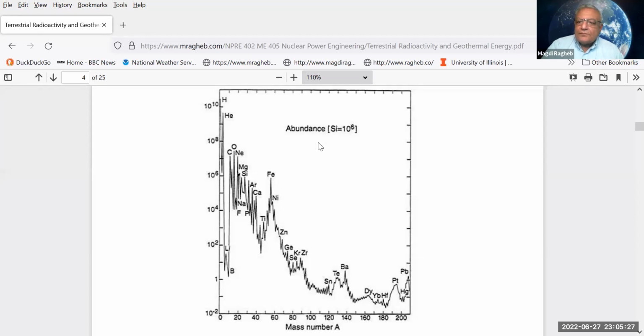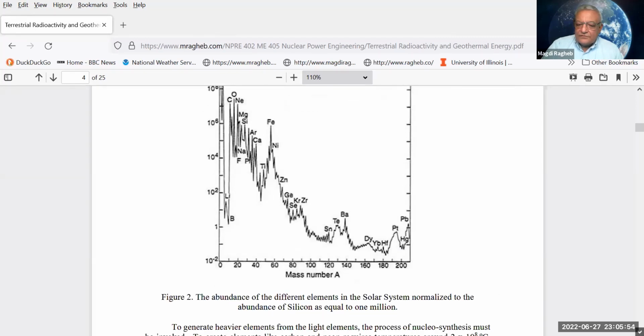If you go to 1 million here, that is silicon. Oxygen, carbon, and neon, interestingly enough, are also much more abundant than silicon. Iron is as abundant as silicon, but we have some of the heavy elements that are much, much less abundant than silicon, 1 million times less abundant. And these are the heavy elements like lead, platinum, mercury, and so on.